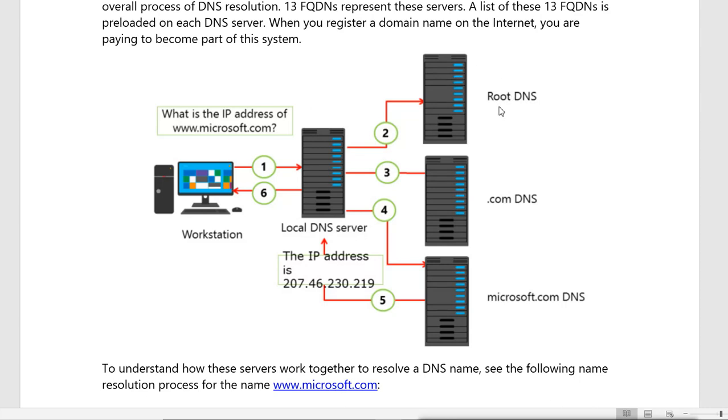On the internet we have these 13 root hint servers, available in different regions, and the names and IPs of all those root hint servers are stored in every DNS server. That means even if you configure your own DNS server for your environment, that DNS server knows about those 13 root hint servers, so that if an unauthorized query comes, it will send the request to a root hint server.